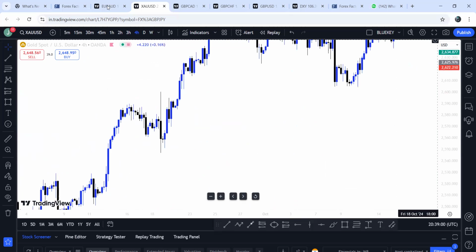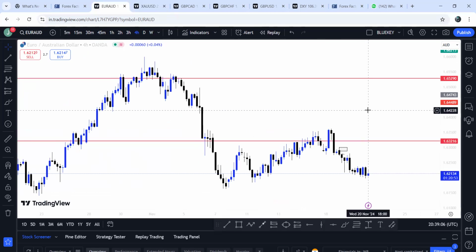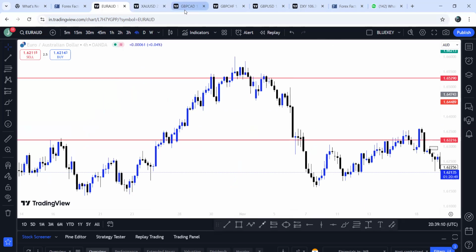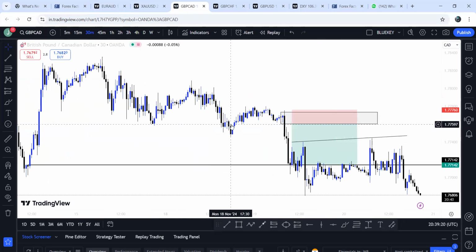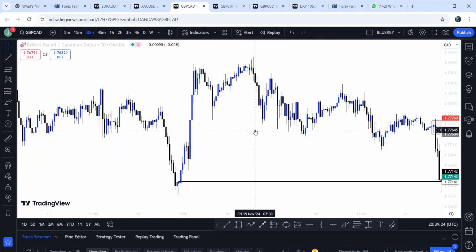Okay, let's go to another pair. Let me see if I can get it from somewhere around here. Morning star and evening star. This is what? This is an engulfing candle right here.